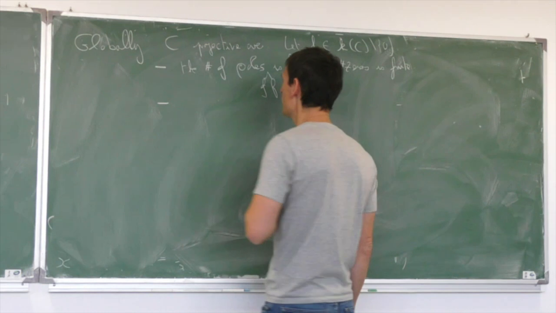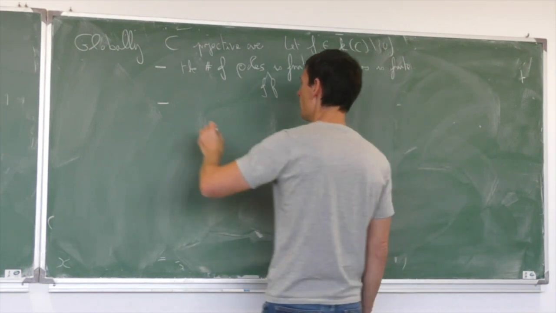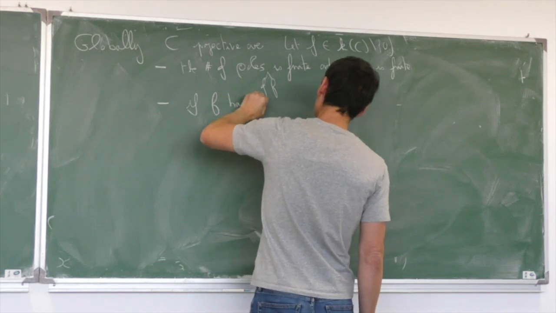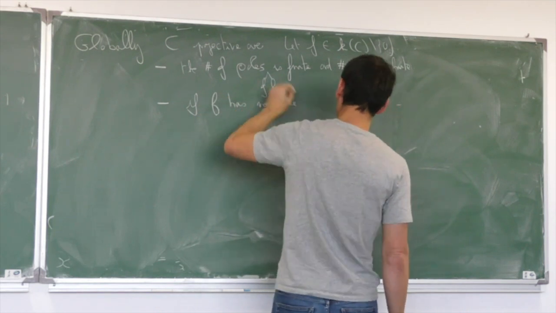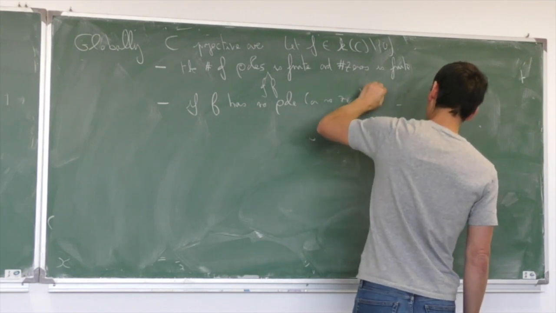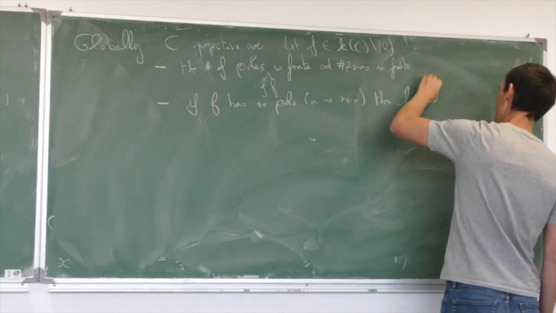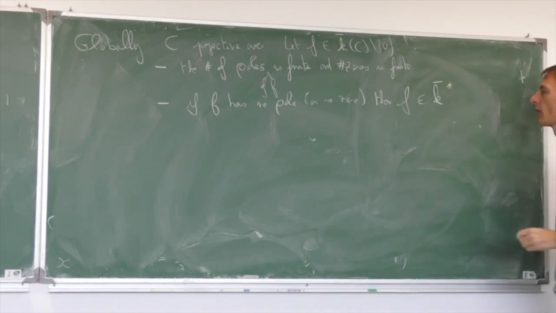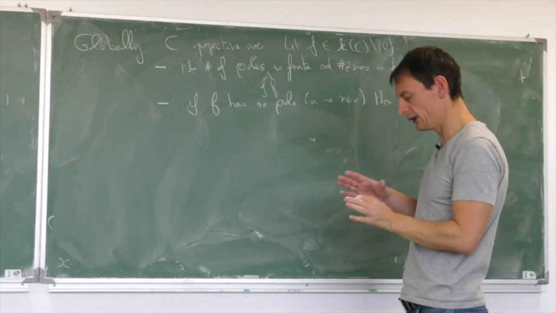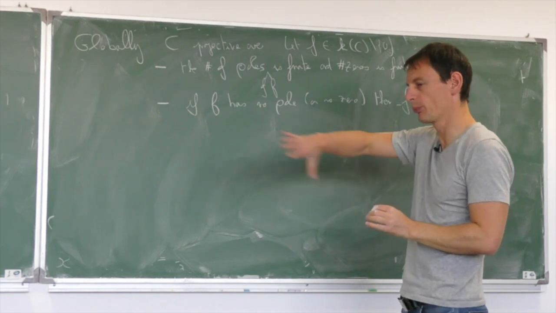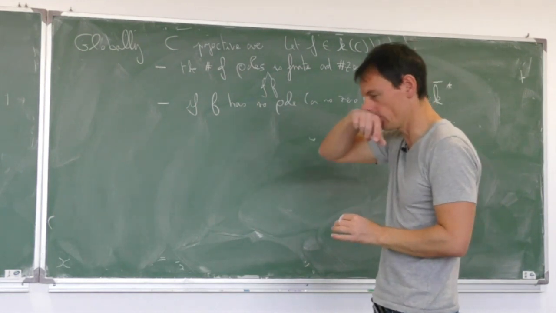But now I'm really going to use projective to say that if f has no poles or no zeros, then f is a constant. Here you really use projective, because otherwise you could hide your zeros or poles at infinity, where you don't see the curve.